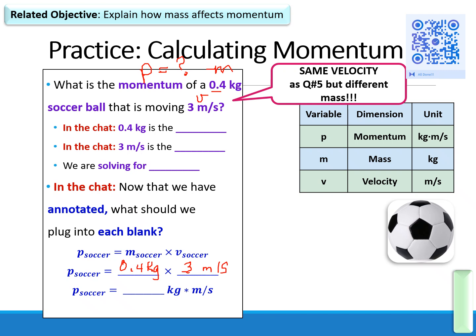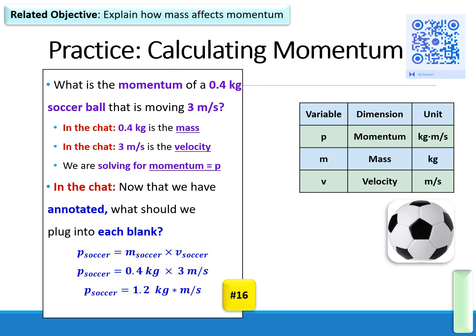But when I multiply this, notice what happens. My momentum is much smaller than it was with this bowling ball. With the bowling ball, it was 15 kilogram meters per second. But now with the soccer ball, it's only 1.2 kilogram meters per second. Why is that? What just happened?